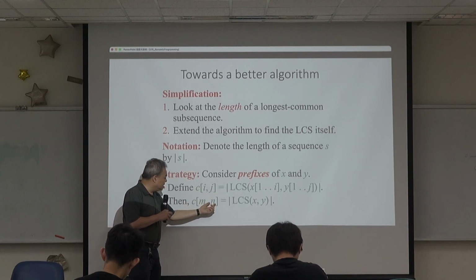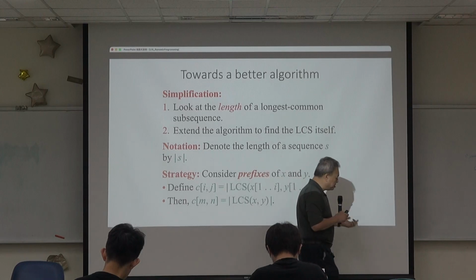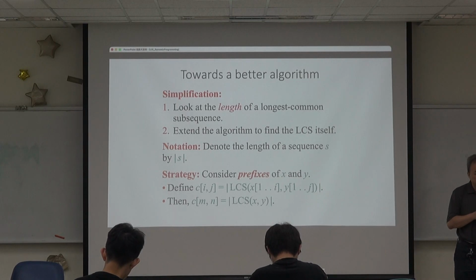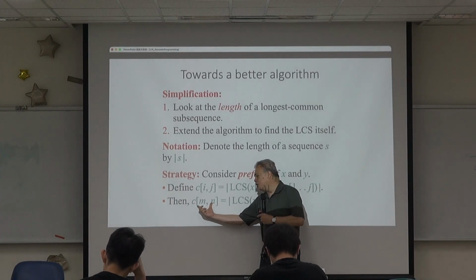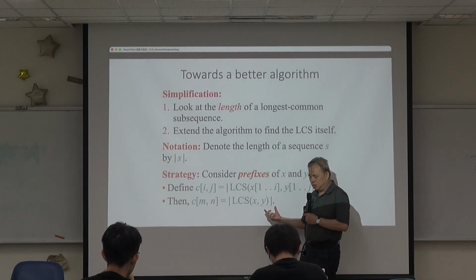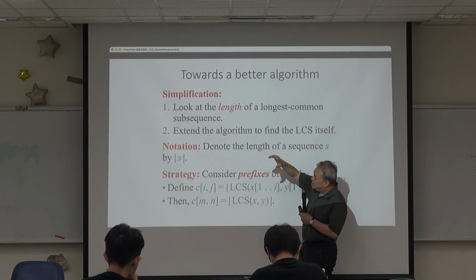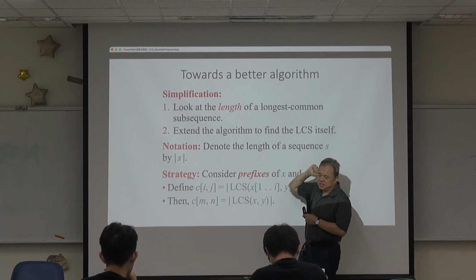And if this n represents the length of the prefix of y, then again the whole sequence y is considered. So Cnn is our solution if you want to find the length of the longest common subsequence.